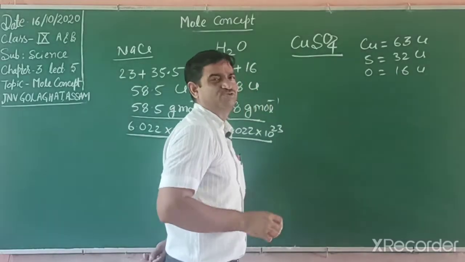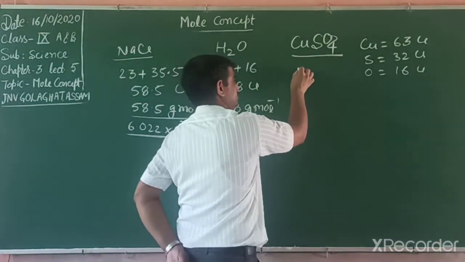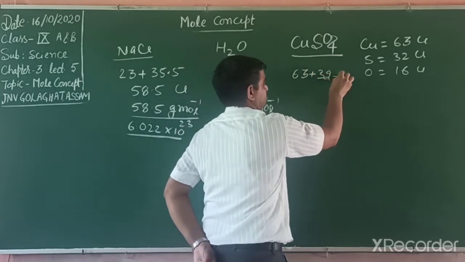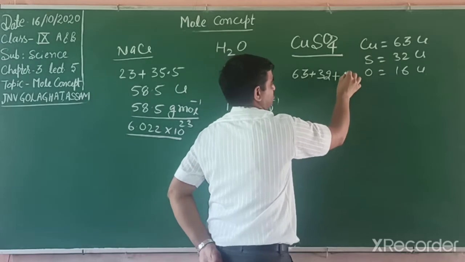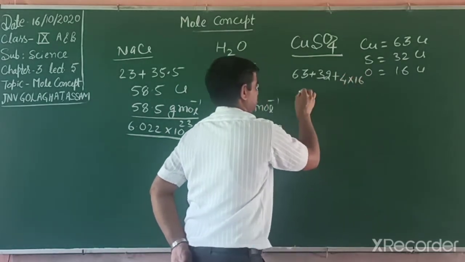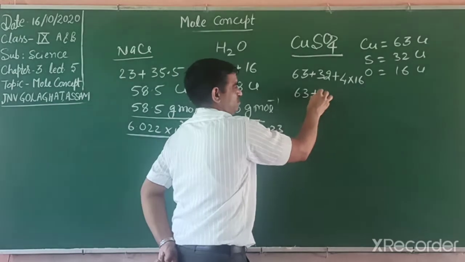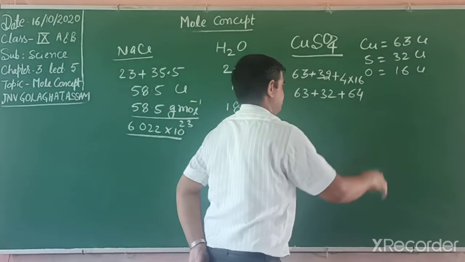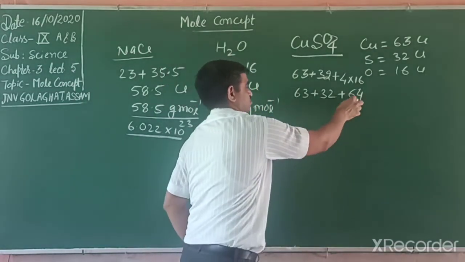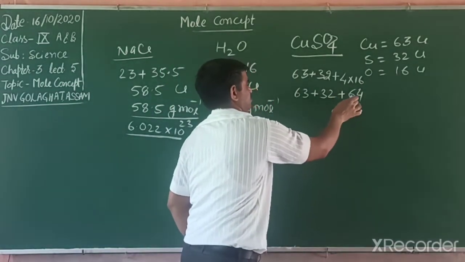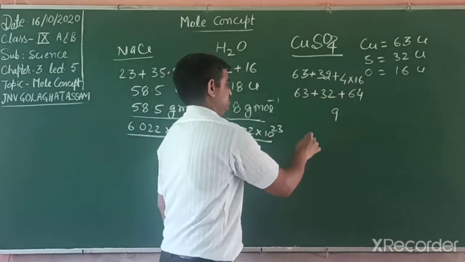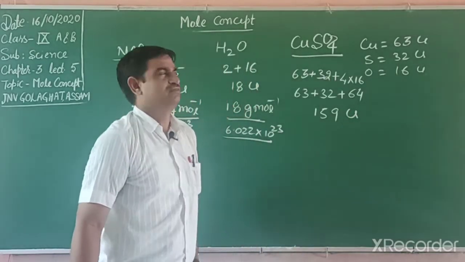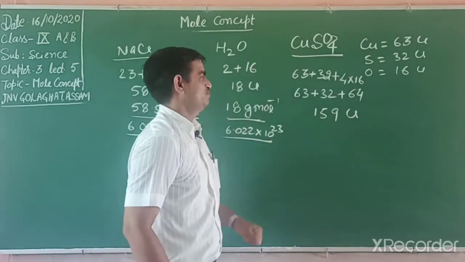Then we can find the copper sulfate mass: 63 plus 32, then oxygen mass 4 into 16, which is 64. So 63 plus 32 plus 64 is 159 U. Students, 159 U is 1 molecule of copper sulfate.